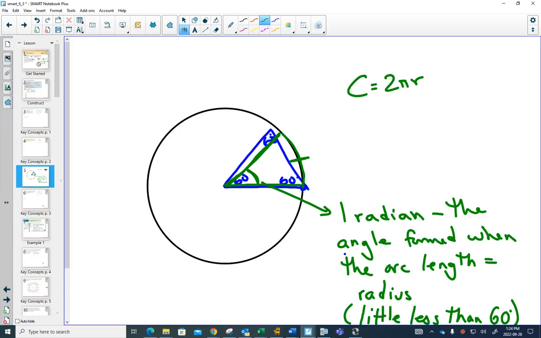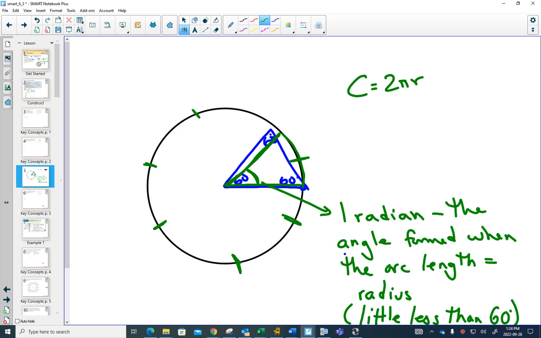If we calculated what is the distance around the circle in terms of radiuses, this would be 1 radius. This would be another one. This is another one, then another one, then another one, and then maybe a little bit more.